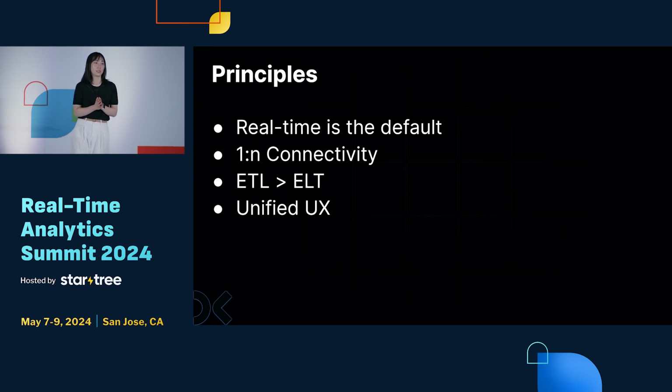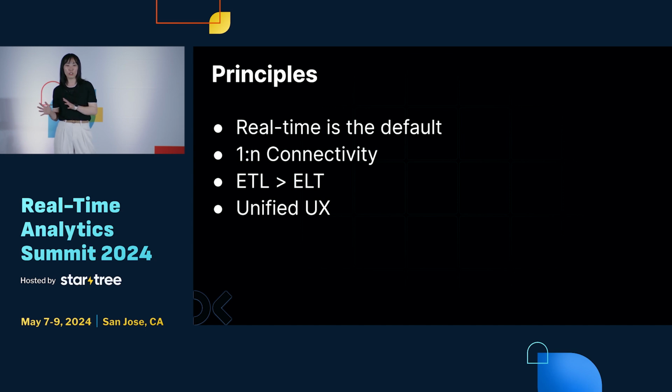Think about it: if you have a database, you want to move that data to a few different systems because that powers different use cases. You don't want to put in a lot more load every time you need to move that data. You want to source it once and consume it multiple times. So the connectivity needs to be one-to-N.